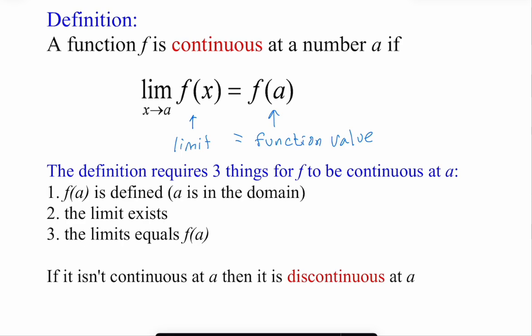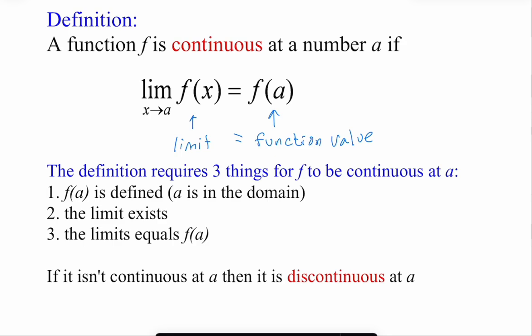So these are things we kind of know, but we're putting it into more formal language, into more of a calculus thing. So the stuff we talked about last year, we're going to apply a little more formally in this section. So the limit has to equal the function value. It's as simple as that.